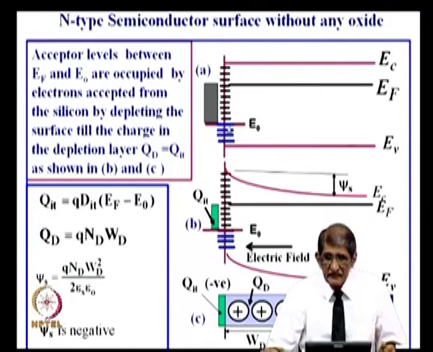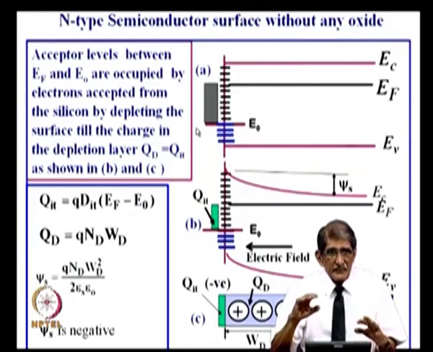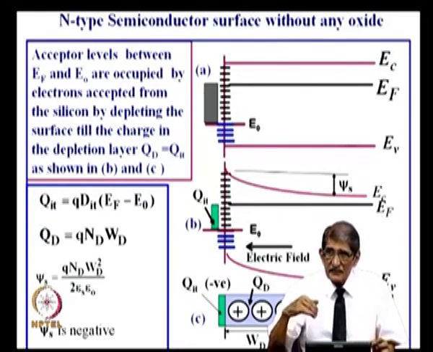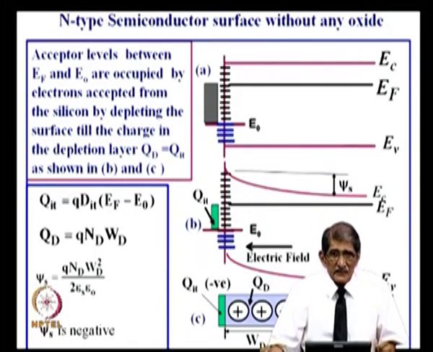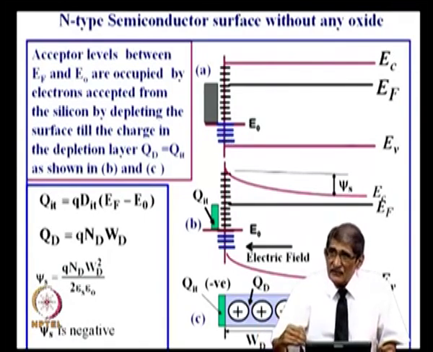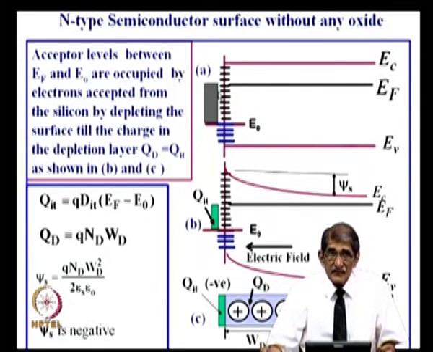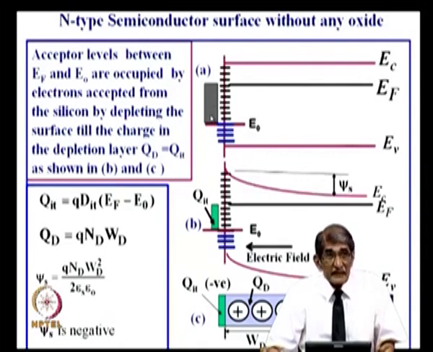So, the charge there is 0. Donors: if it has donated, it is plus charge. If it has not donated and the electron is occupying, it is neutral. And these are acceptors, with electrons occupying them. That means they have accepted electrons, so they are negatively charged. So, on the surface of the semiconductor, there will be net negative charge.